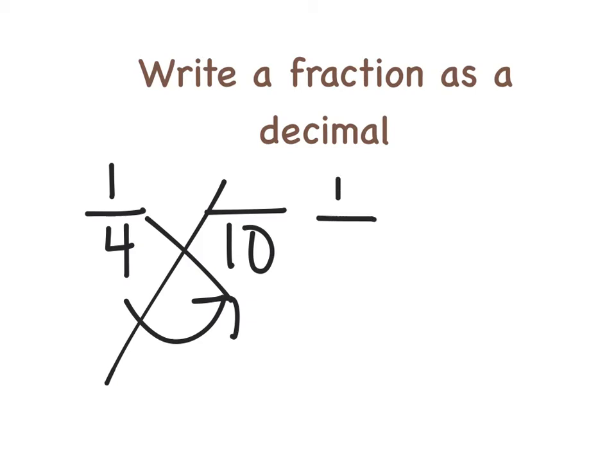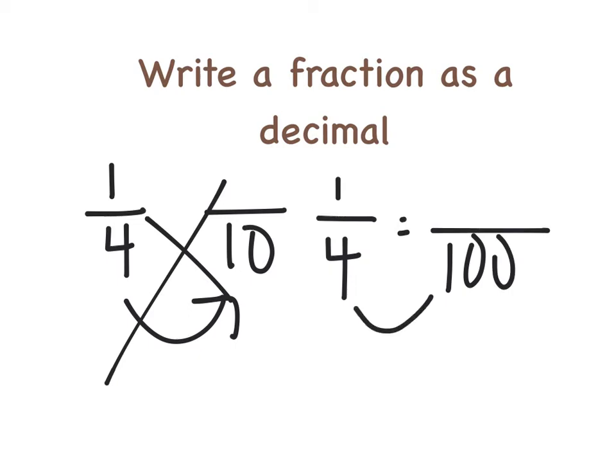I do know that 4 can go into 100. So if I put 100 on the bottom, I can make an equivalent fraction that is in the hundredths place value spot. To get from 4 to 100, I multiply by 25.